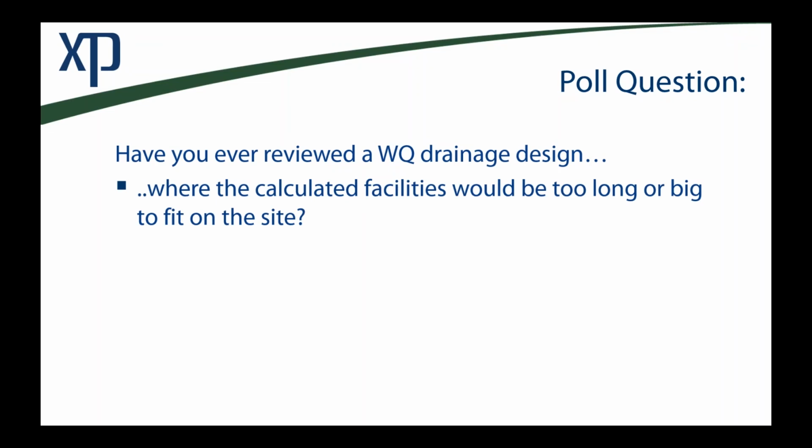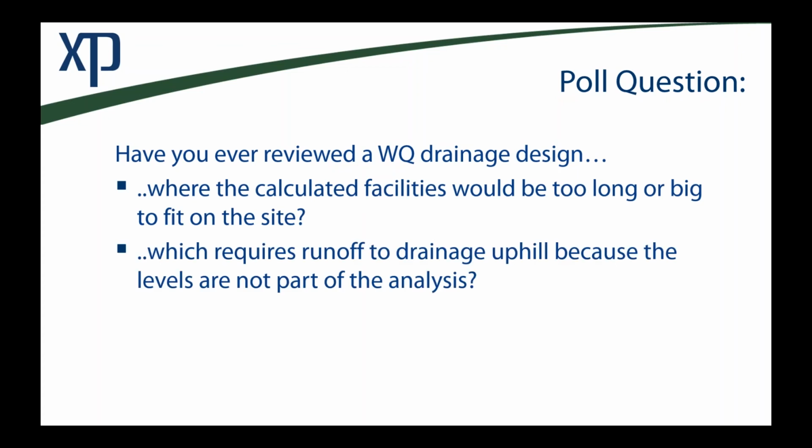Perhaps a swale is needed, but it needs to be longer than there is room on the site to hold it. Have you ever seen a plan where, to implement it, the drainage would actually have to move uphill because the levels weren't part of the analysis?